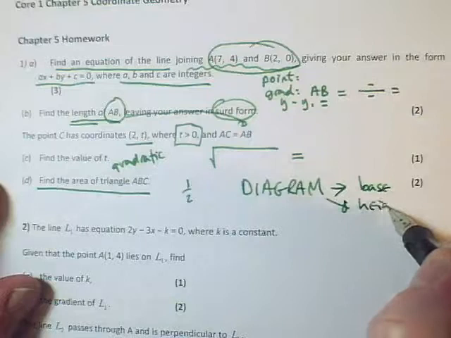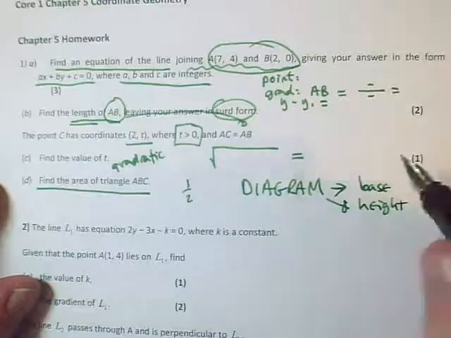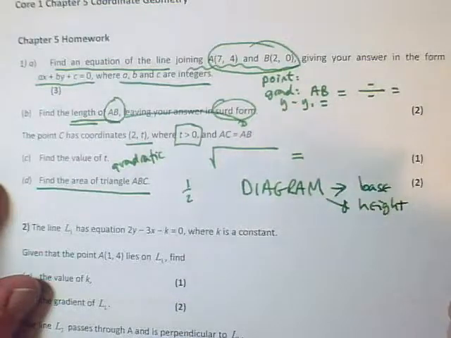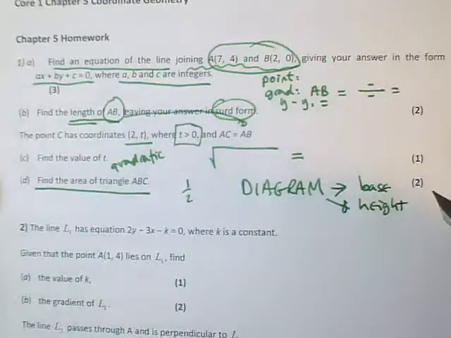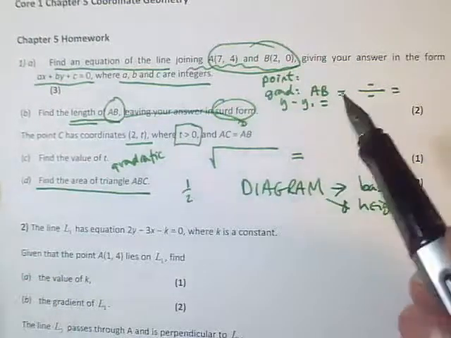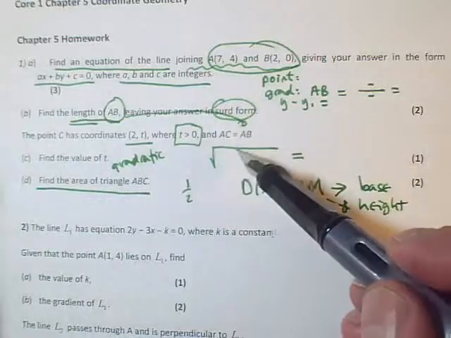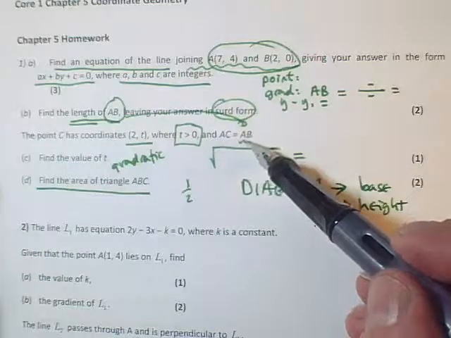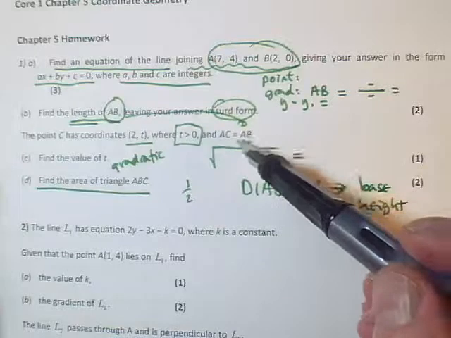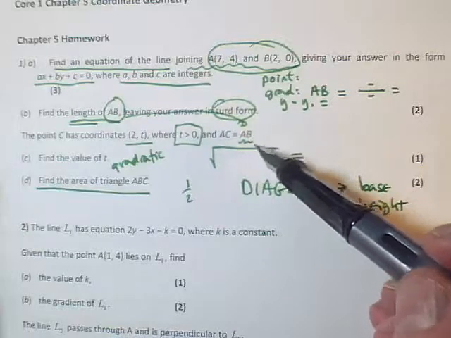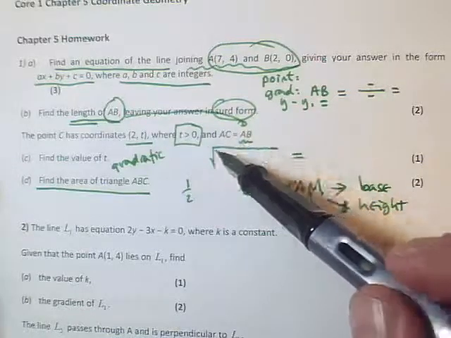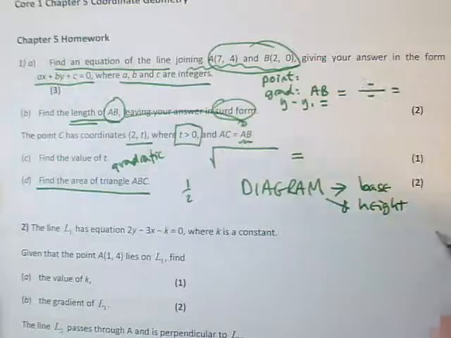Okay, the base may not always be a horizontal side. I mean, you might have a triangle that's arranged in a rotated form. So the fact that you have worked out the distance AB suggests that maybe, okay, you're not going to choose a base that's horizontal.